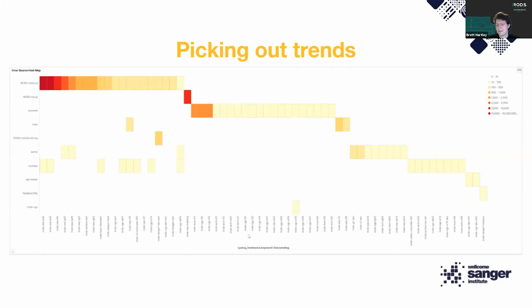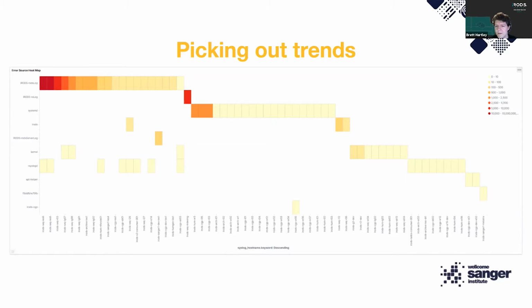First, it's useful to pick out trends to identify when things aren't acting as they normally do. This is a heat map that we have for all of our iRODS machines, but also all of our other machines. This is filtered to just iRODS.